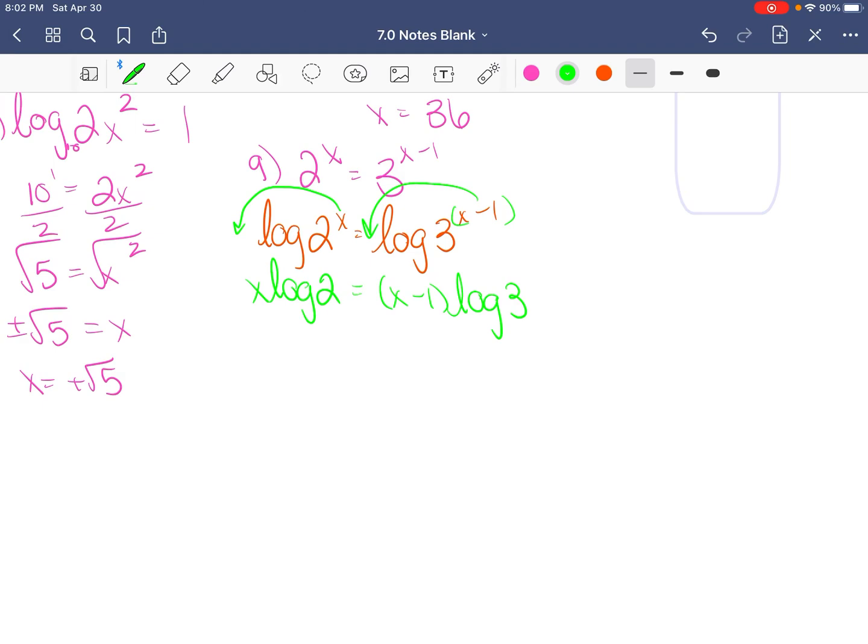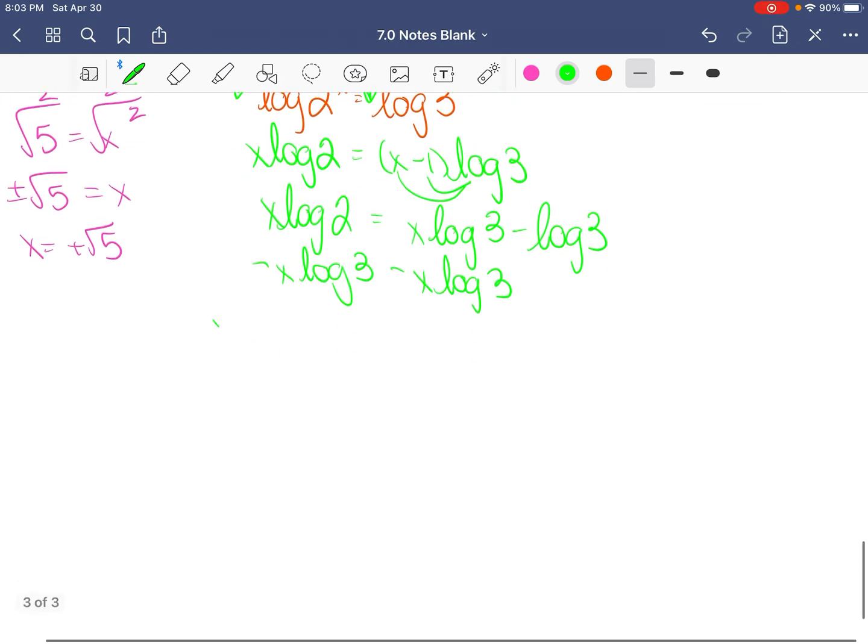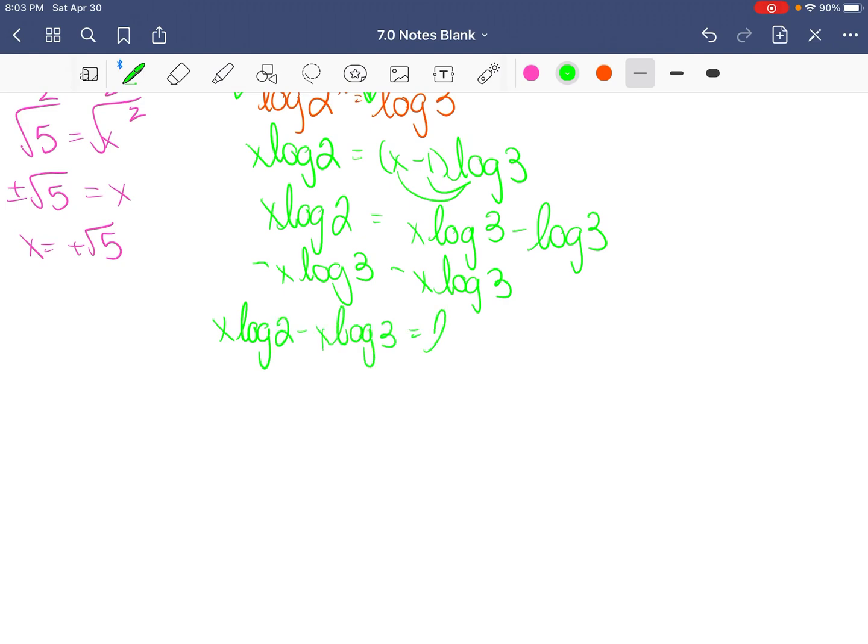We want to get our x's by themselves, or our x's together. In order to do that, we are going to need to distribute. So x log 2 equals x log 3 minus log of 3. We're going to subtract x log 3 from both sides. So x log 2 minus x log 3 equals negative log of 3.